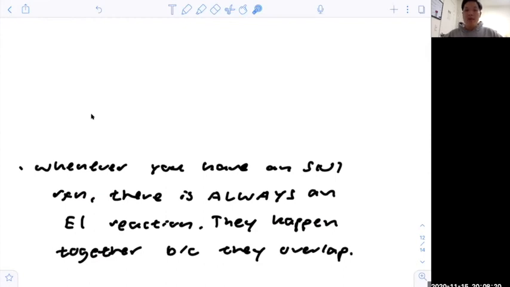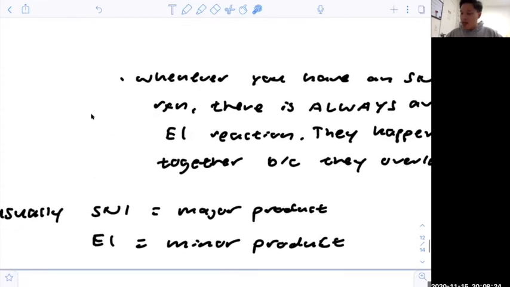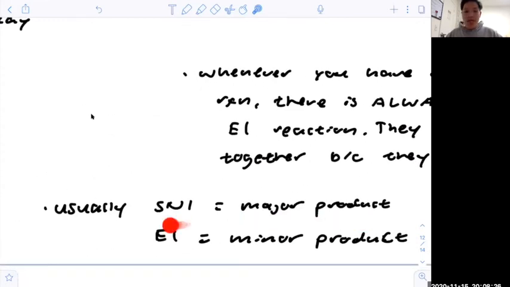They're gonna happen at the same time. But the SN1 will usually be the major product. It'll usually be the product that's 70% in a reaction versus the E1, which is a minor product, which can even be closer to like 10%, right?